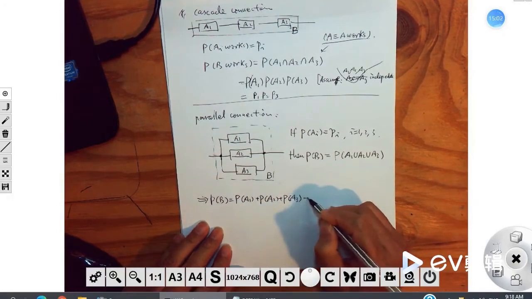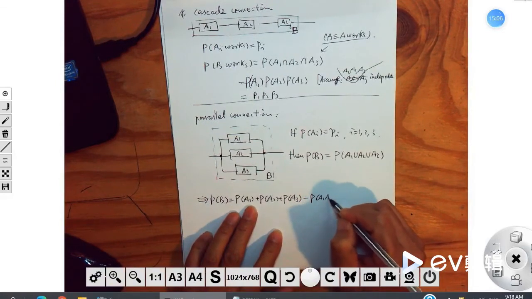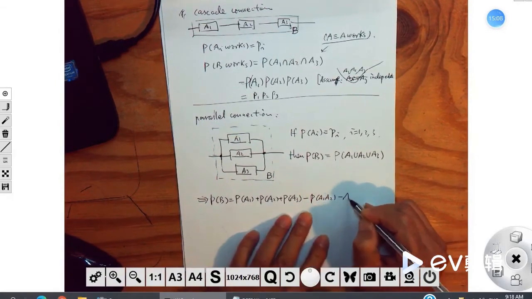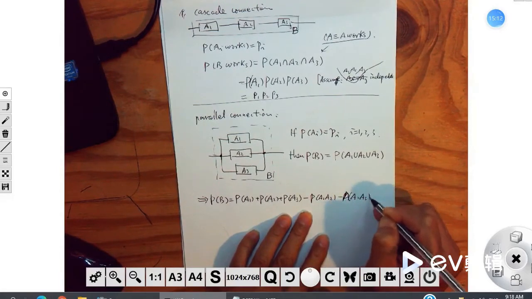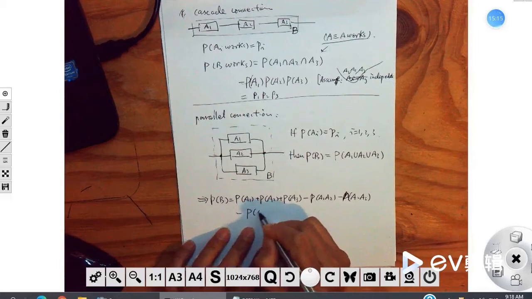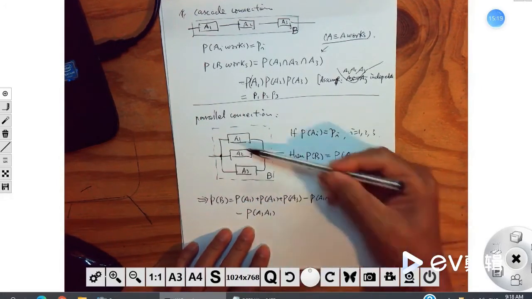Now we have 3 of them, so I need to minus probability of A1 and A2, minus probability of A2 and A3, and minus probability of A3, A1, any 2 of them, right?